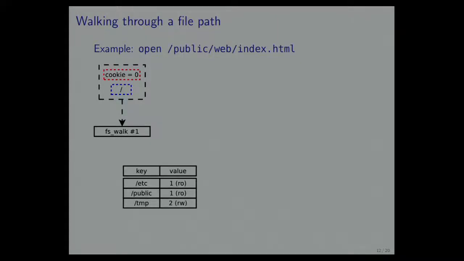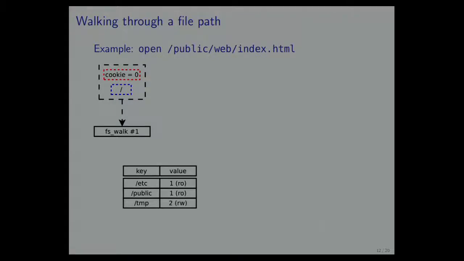And at the bottom you can see the map which was previously loaded and set with 3 keys, /etc, /public, and /tmp. Each of these keys is tied to a unique value, which only makes sense for the program you wrote. So in this case, I decided that the value 1 is for read access and 2 for read and write access.